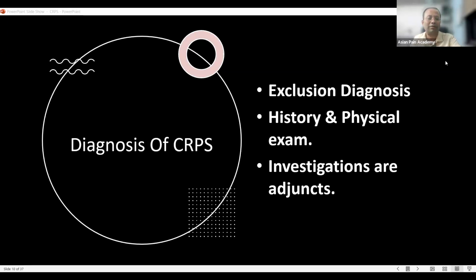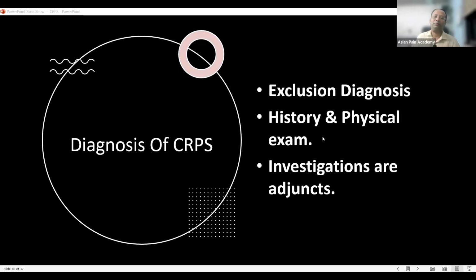Remember, earlier this type of patient used to go to the doctor and the doctor would become totally confused about what to write in the diagnosis. It didn't match with anything. So ultimately they could not write a diagnosis and treatment was also not standardized. Here it is an exclusion diagnosis: history and physical examination, of course, we have to do in every patient.